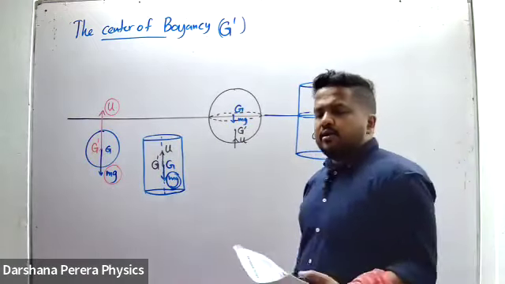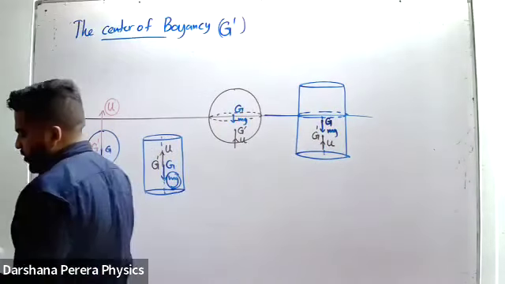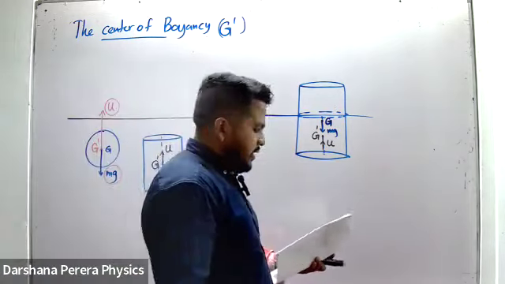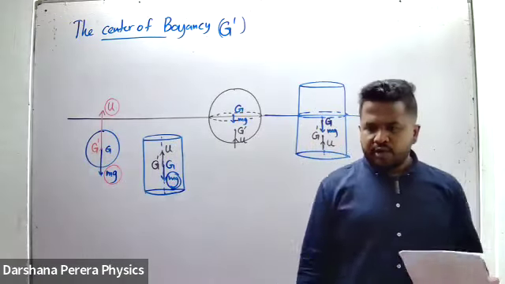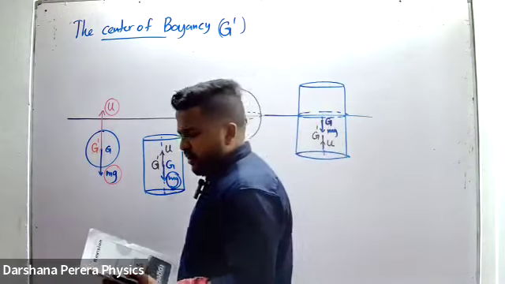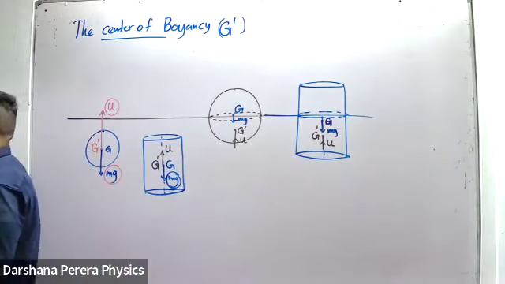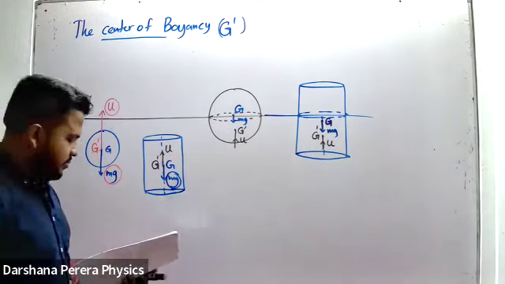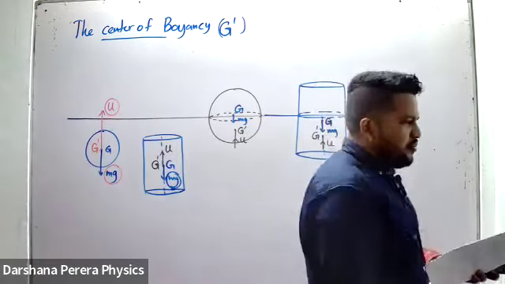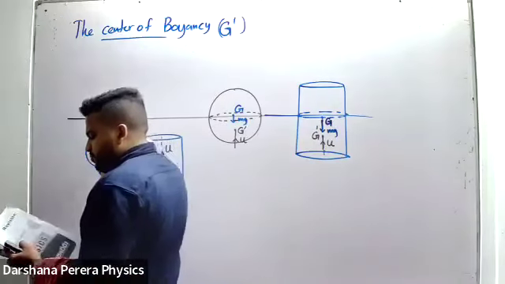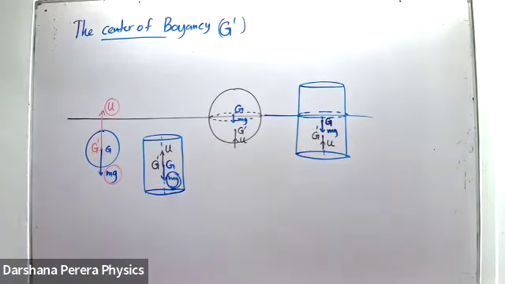The point where the upthrust of a floating body acts is called the center of buoyancy.